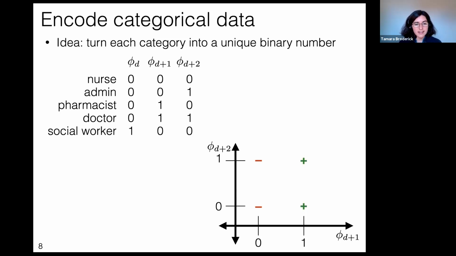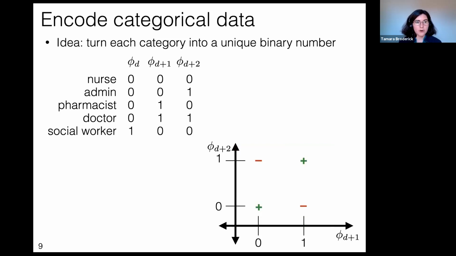And we see here that 0, 0, which is the nurse or the social worker, has a minus label. 0, 1, which is the admin, has a minus label. 1, 0, which is the pharmacist, has a plus label, and 1, 1, the doctor, has a plus label. And so this is nice. We can get a division between the pharmacist and the doctor, and the nurse and the admin, by having a linear classifier on essentially that second feature.